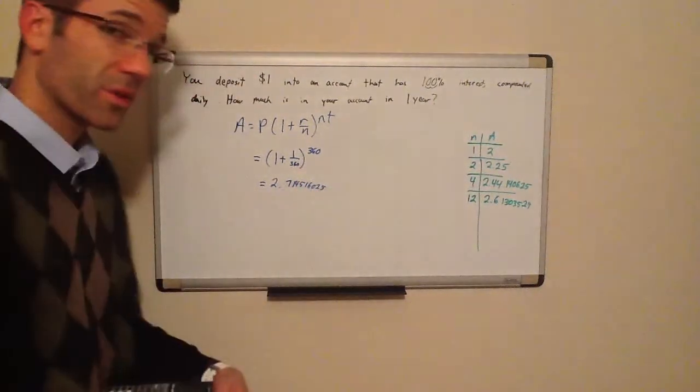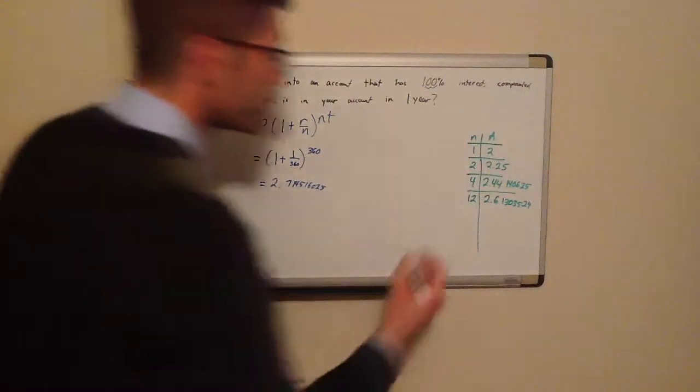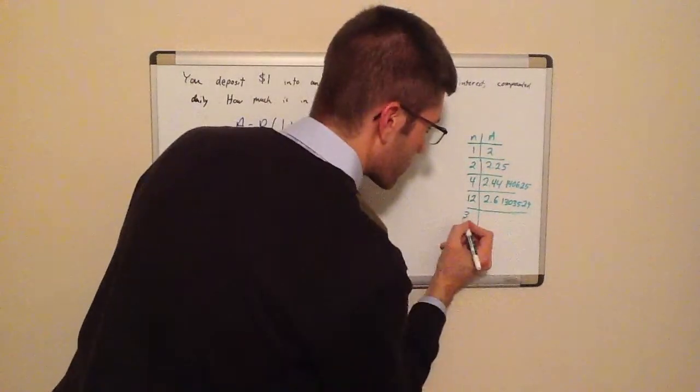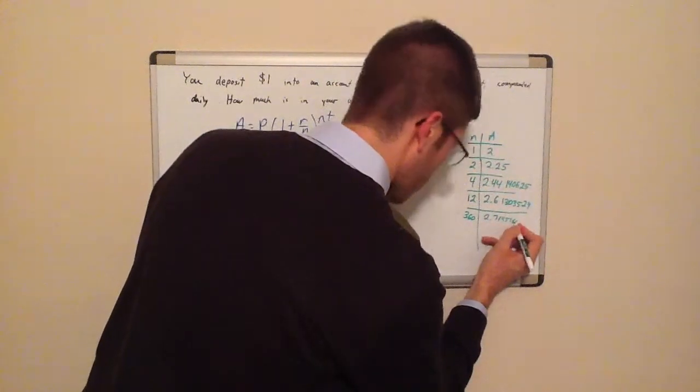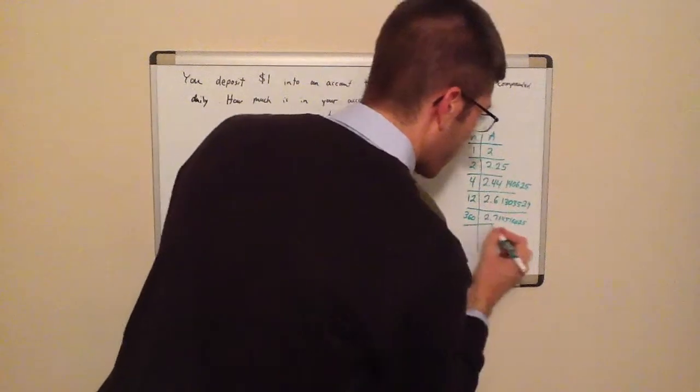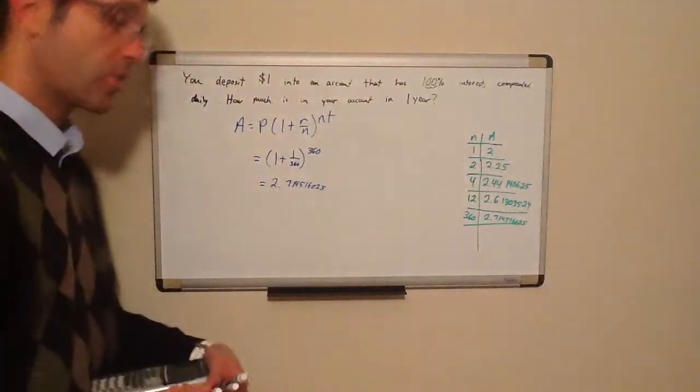Okay, we're getting really close to the actual value of e now. So if I make this 360, then it's 2.714516025.